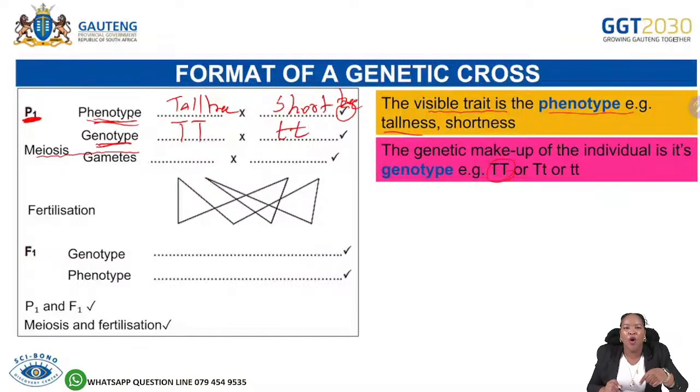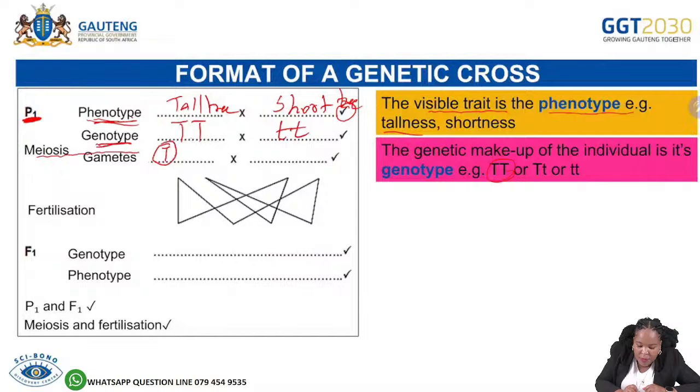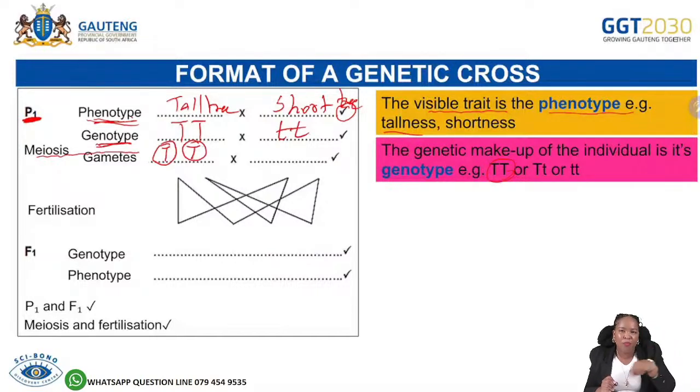And we said now the law of segregation is that all of these are going to segregate so that each gamete contains one. So what must you do? You are going to separate them into each gamete. How do you separate them? You say one gamete will have big T and another gamete will have big T. So it's best to put circles around them, because sometimes when you put commas or spaces, we can't see that you have separated the gametes, or the gametes are still close.